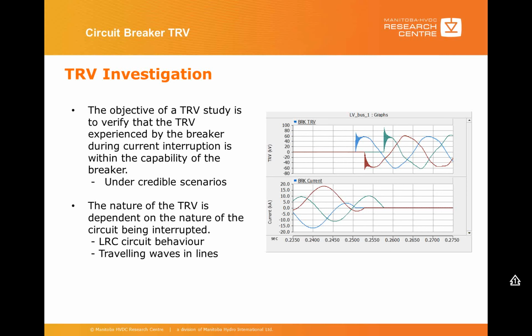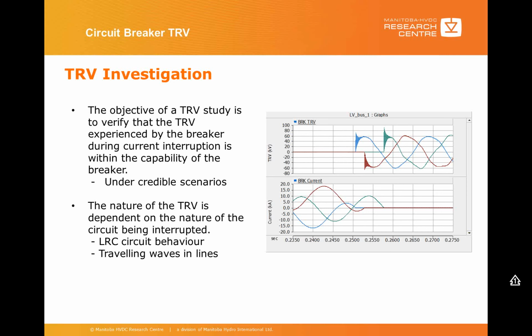For that purpose, we have to consider different credible scenarios in the power system which will affect your TRV, and investigate how these scenarios affect the TRV. Based on this TRV, we then compare with the capability of the breaker, and if you see any violation, that's the point where you have to consider a mitigation method.